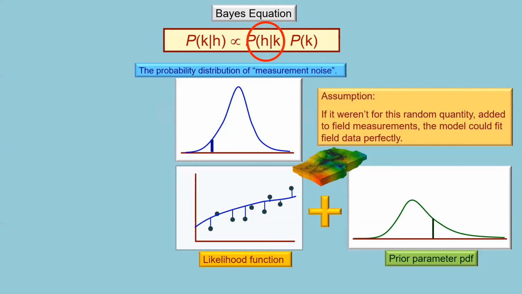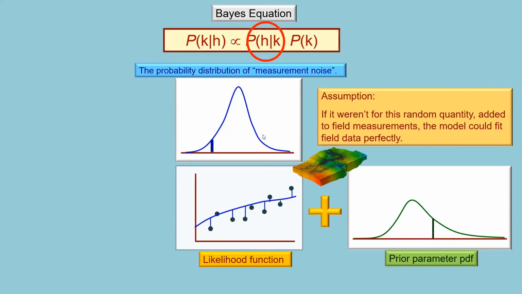We know there's model noise, or structural noise as it's sometimes called, but just because it's too horrible to do otherwise, we normally class it as measurement noise. And in so doing, we give it a probability distribution, the probability distribution of measurement noise, or whatever it is that's responsible for model to measurement misfit. Once we have a probability distribution, we've got a metric for model to measurement misfit.